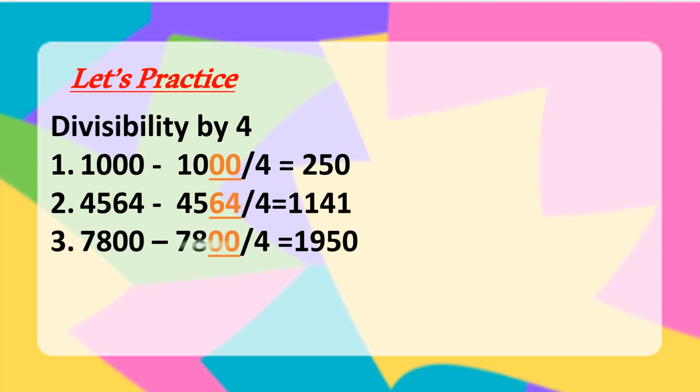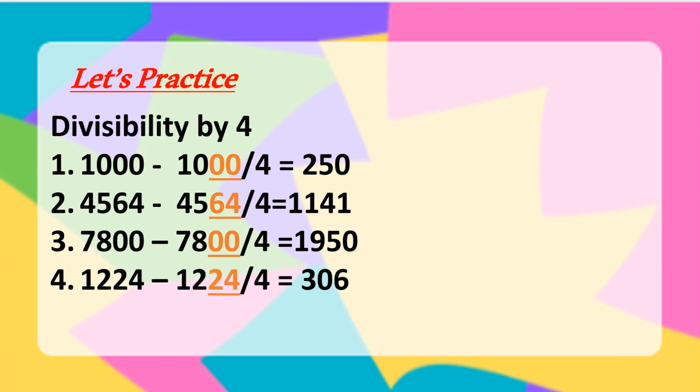Number 3, 7,800 is also divisible by 4 since it ends with two zeros, and that gives you 1,950. Another, 1,224, the last two digits is 24, and it will give you 306.